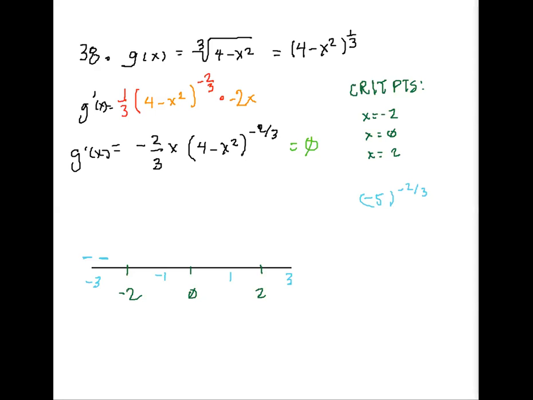Do we have an easy way of telling if that's going to be a positive or a negative number? Well, if we think about it, yes. If we think about it as -5 squared to the third root, rather it's -1 over.